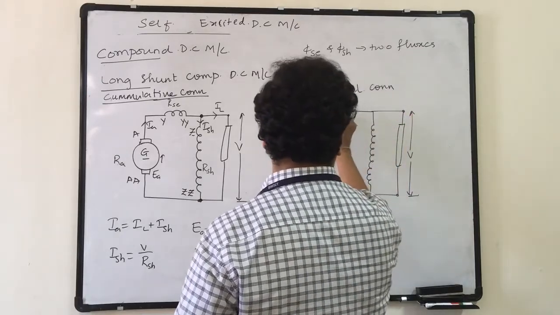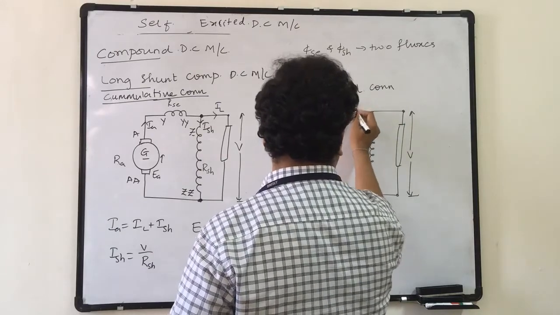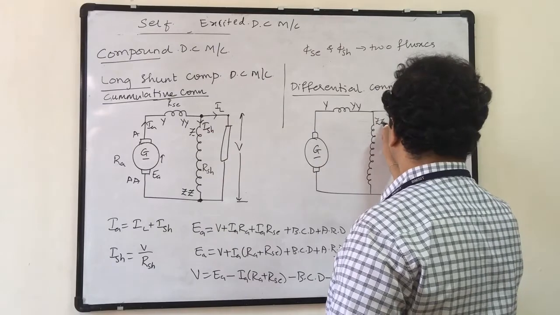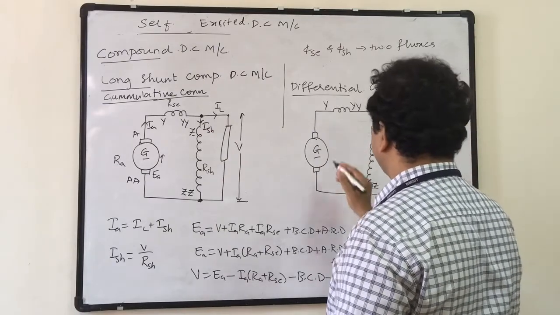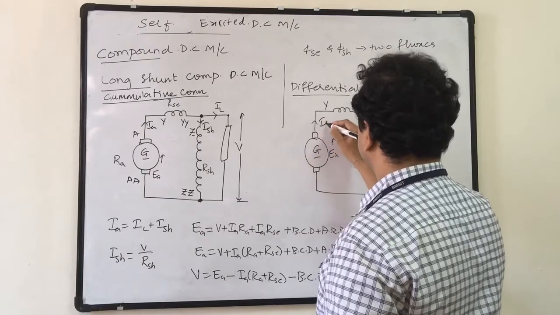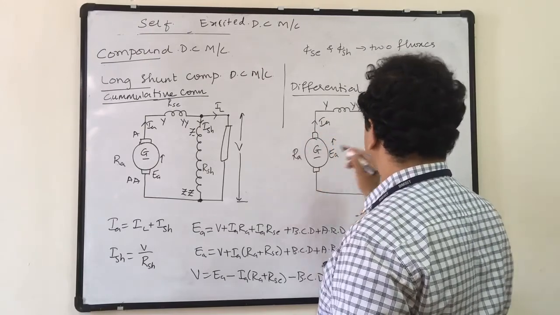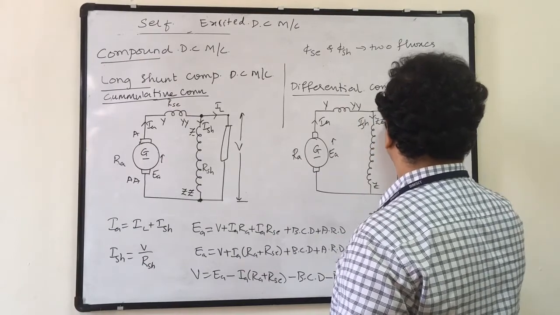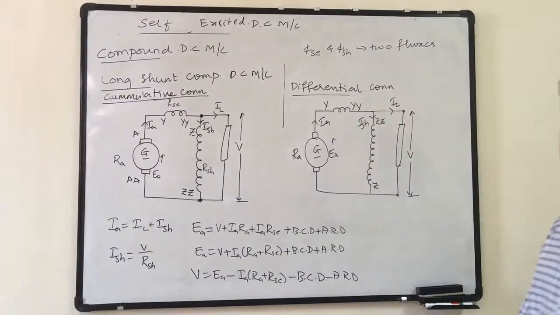Equations will not change. This is Y and YY. Here it is Z. Now this will be ZZ. This will be Z. Only this is the difference.